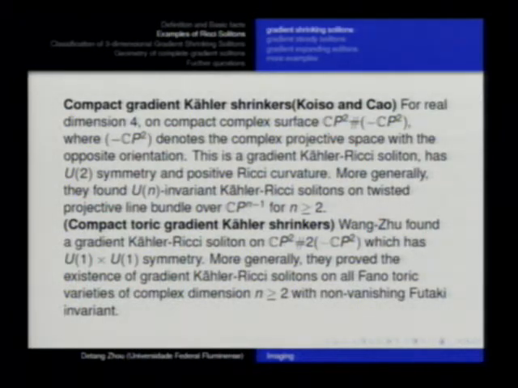So they construct new examples. Actually, they prove that the more general case is for toric varieties of complex dimension bigger than or equal to 2 with non-vanishing Futaki invariant. That means you may not have an Einstein metric, but you have a Ricci soliton.